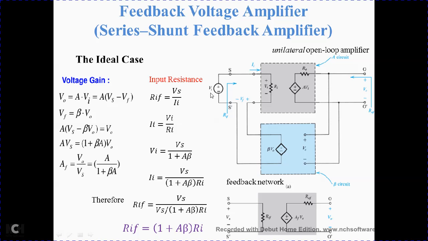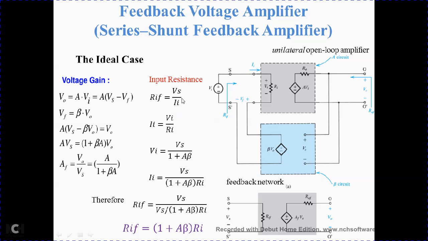So applied voltage Vs, current flowing is Ii. Looking from this side, RIF is equal to Vs divided by Ii, voltage by current.